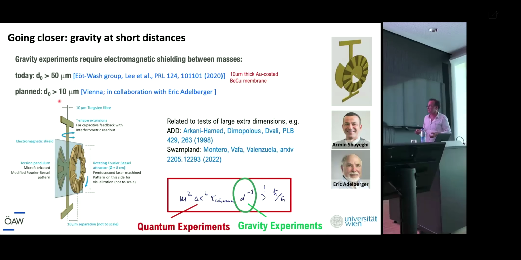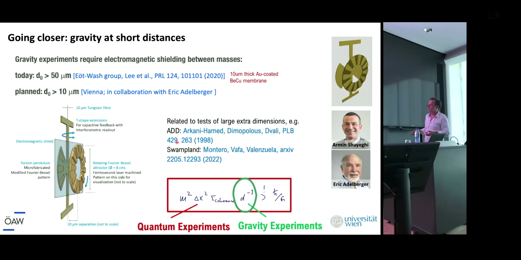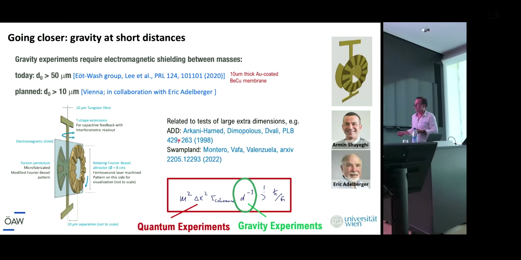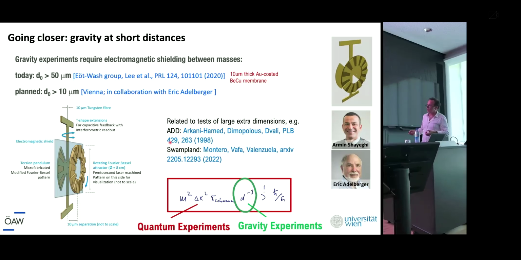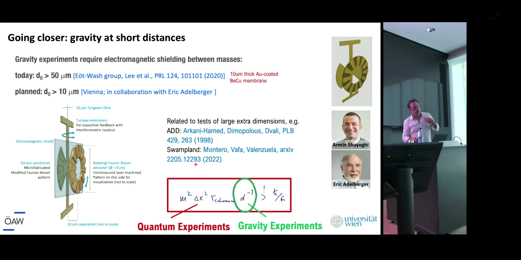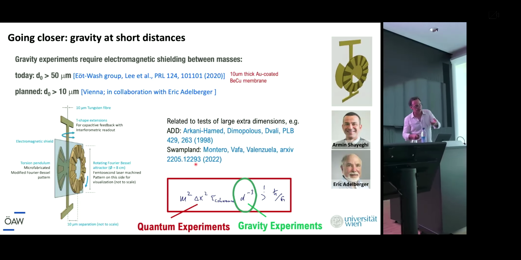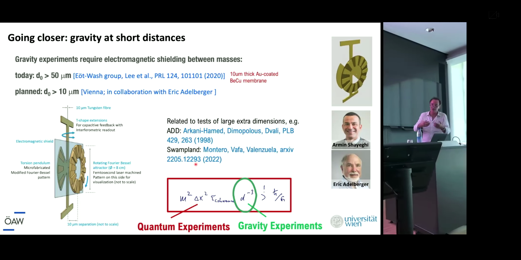It seems that several people in the community, both from the quantum field theory community and the string community, expect that hidden dimensions that they expect in their models have to show up at some distance in gravitational measurements at short distances. And this is also a method to actually bound those models further.